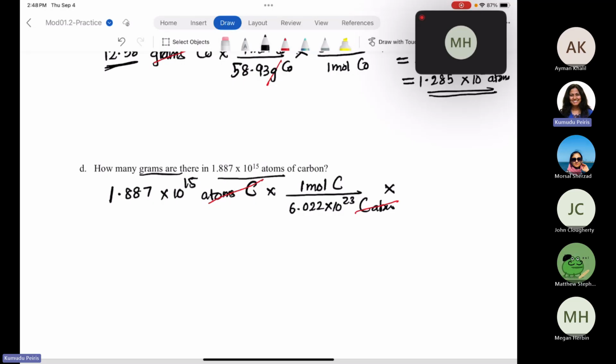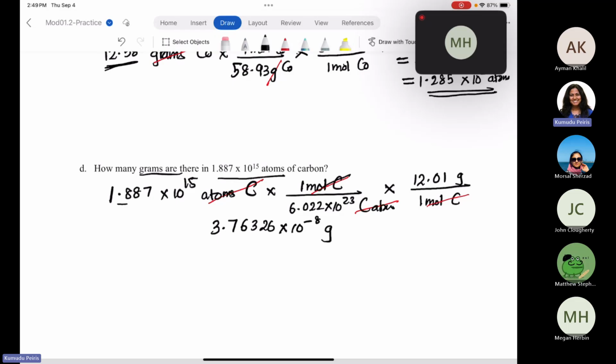Next, now we change the moles into the grams. We'll take the moles into the denominator. 1 mole of carbon weighs 12.01 grams. Then we'll see that the moles of carbon to moles of carbon will cancel out, and we'll get the final answer in grams. So you'll get the final answer as 3.76326 times 10 to the negative 8 grams.